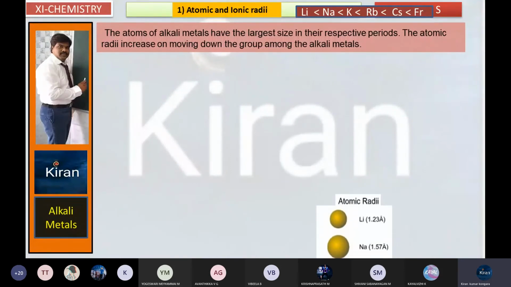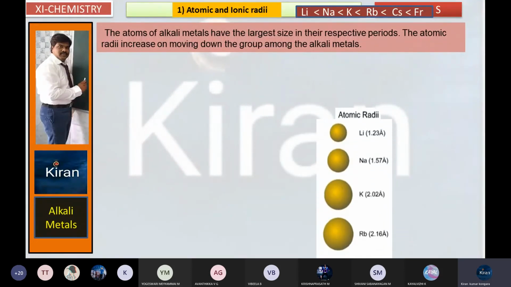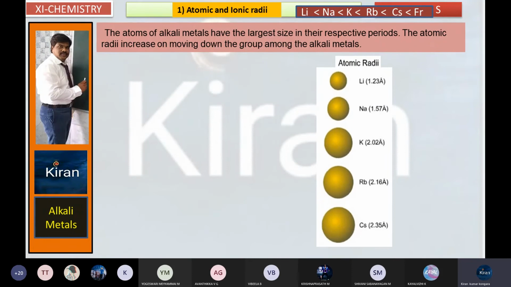So atomic radius in this group gradually increases. When you see here, lithium is a very small atom in this group and cesium is the largest atom. Among all the 118 elements, rubidium and cesium are the largest elements.